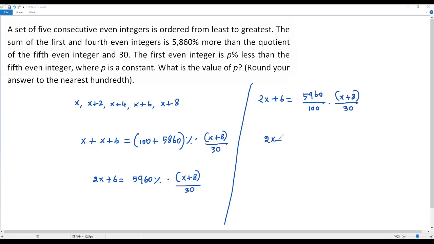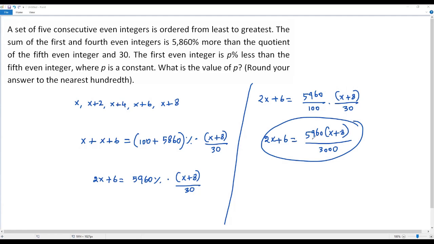Let's multiply them together: 5960 times (x + 8) divided by, when I multiply the two denominators, I am getting 3000. In this equation, we have to solve for x. When I solve for x, that represents the first even integer.